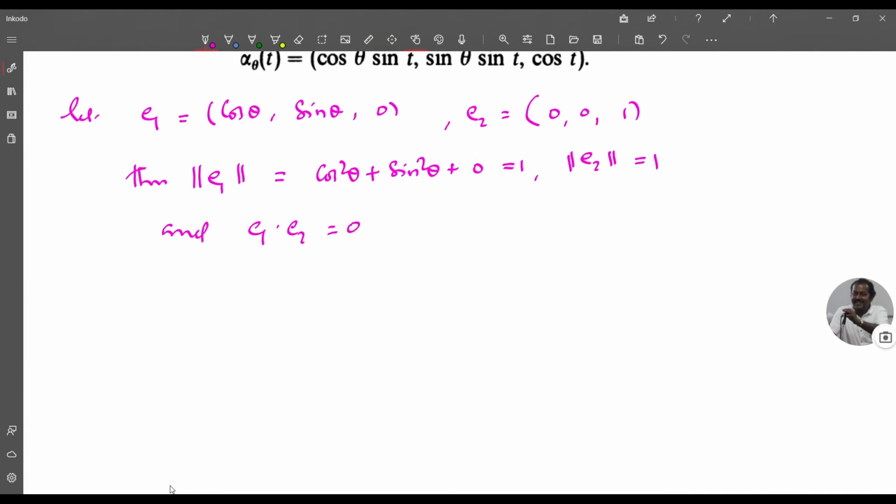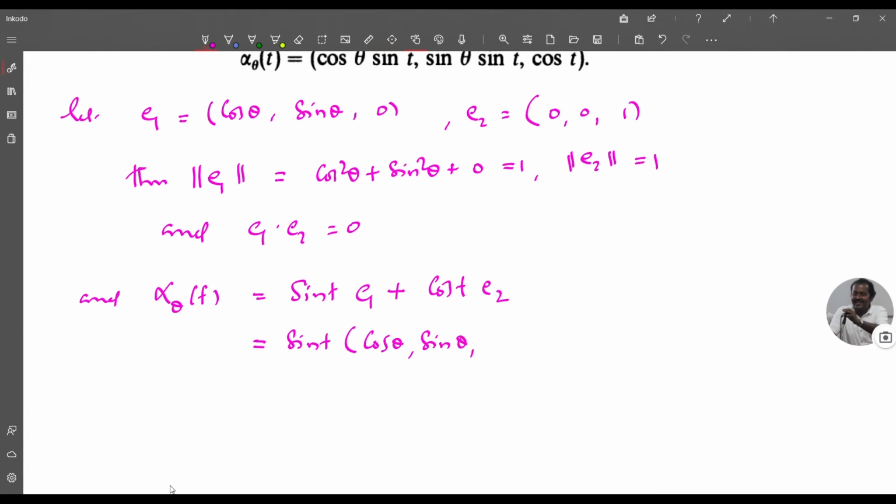And you consider alpha theta of t. Alpha theta of t is sin t E1 plus cos t E2. You can see that this is sin t into E1, which is (cos theta, sin theta, 0), plus cos t into (0, 0, 1).